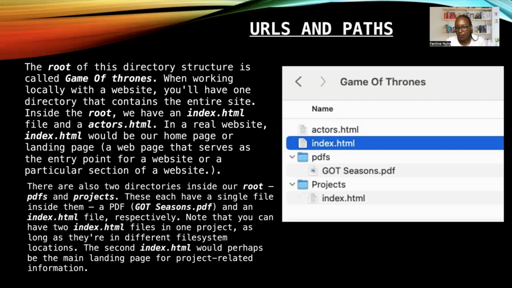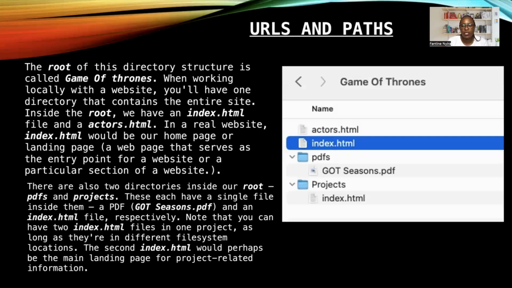Inside this Game of Thrones directory, we have two HTML files, actor and index. In every website, index is our home page or landing page, a web page that serves as an entry point for a website or a particular section of the website.